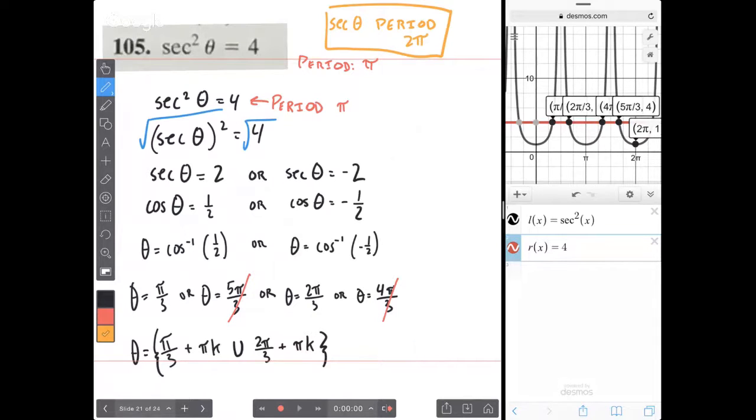Okay. Do you guys want to look at intervals of increasing, decreasing, maxima, minima, etc. with the secant function? Or would you rather move on to another problem?